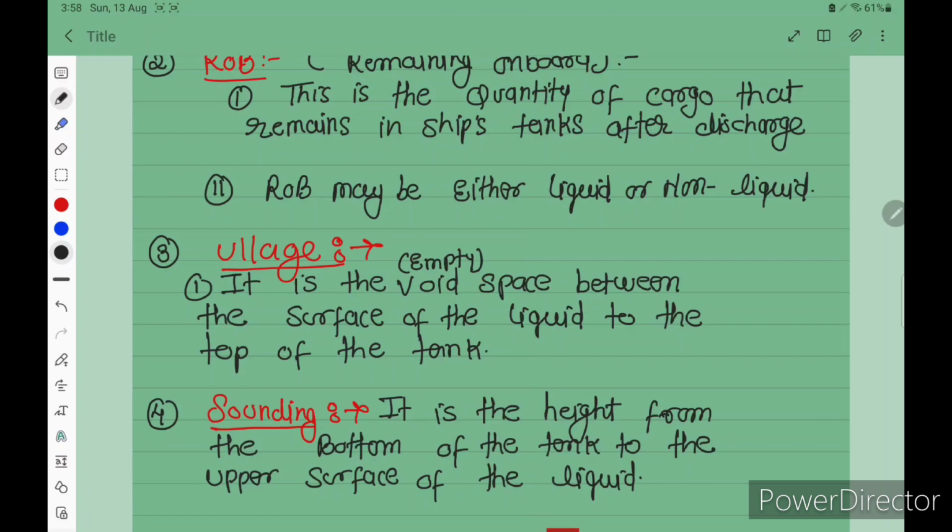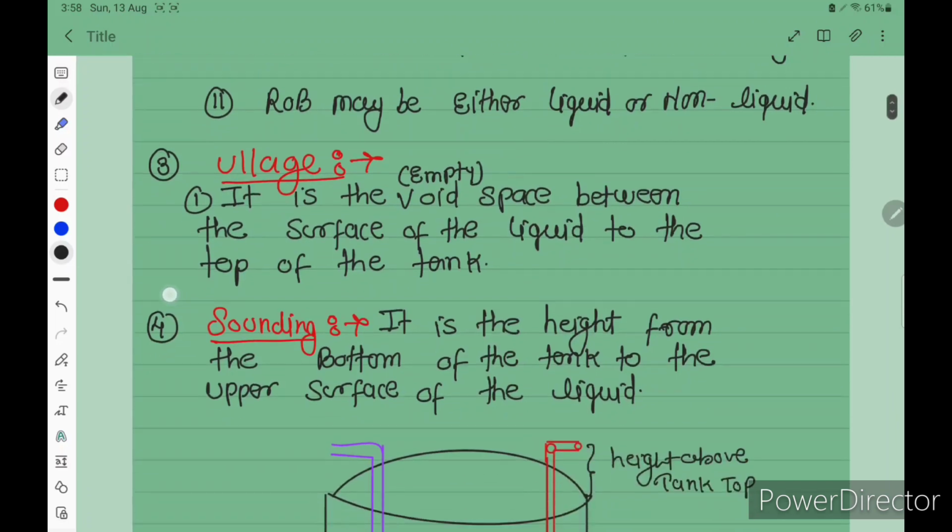If you see from the top of the glass, where the level of water is, the free space is called ullage. And if you put one measurement, you can put one scale, it will go to the bottom of the glass and measure up to the water level. It is called sounding.